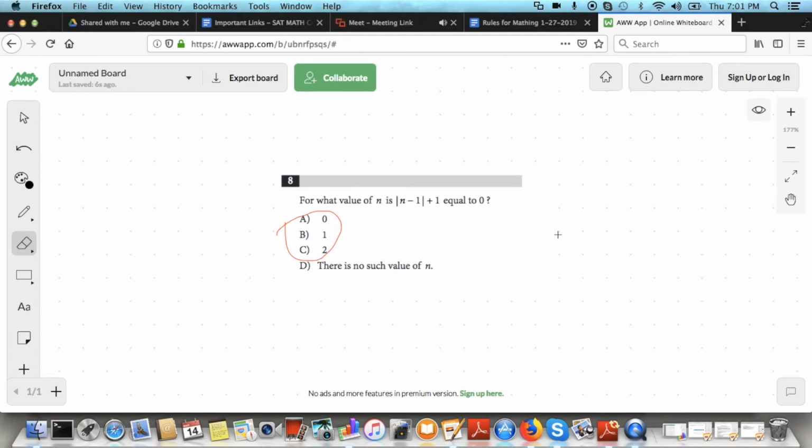Yes. Okay, so we can plug those into this expression, the absolute value of n minus 1 plus 1, and see which one gives us 0, if any of them do. I'm not certain any will, but we can test them. Let me see you plug in those answer choices for n and see which one, if any, gives us a 0.